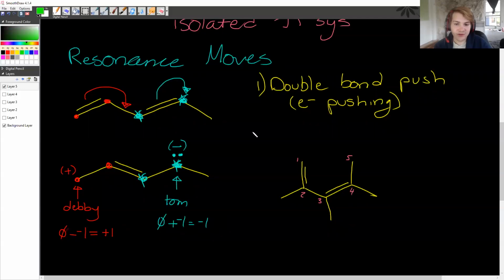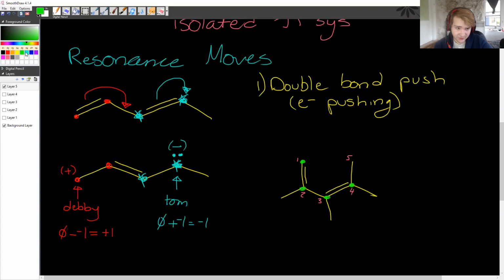First steps first is to put some colors down and identify all the atoms that are involved in the pi system. Carbons 2 and 3 are interacting with each other because they're both in a pi system and they're adjacent to each other. They're touching. And so I can do a double bond push.